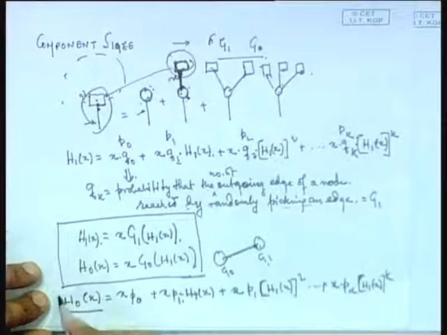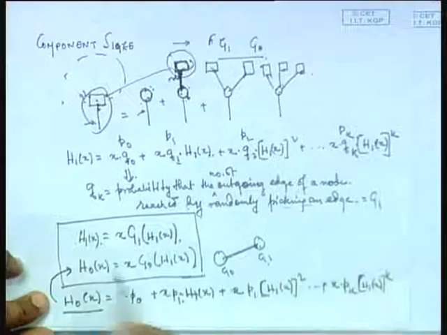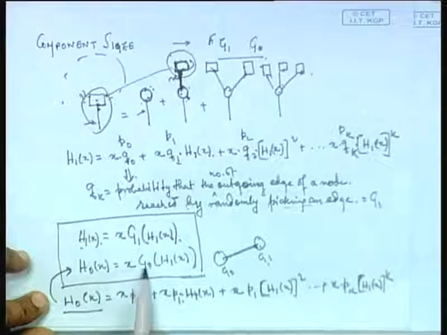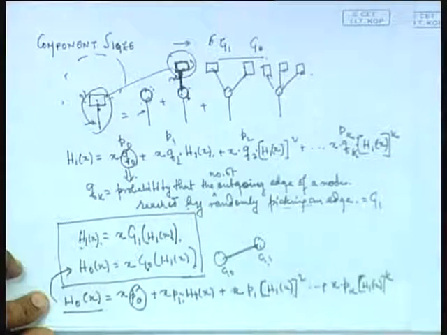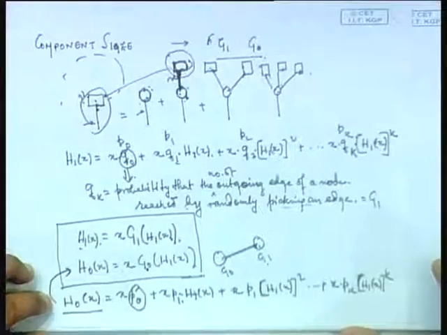Then you get this H0. Now, H1(x) is x·G1(H1(x)), and this is x·G0(H1(x)). Expansion here is P0, here is Q0. So, these two are different.